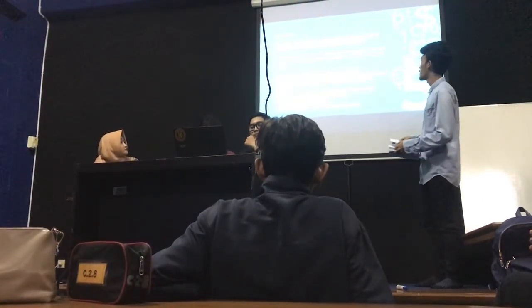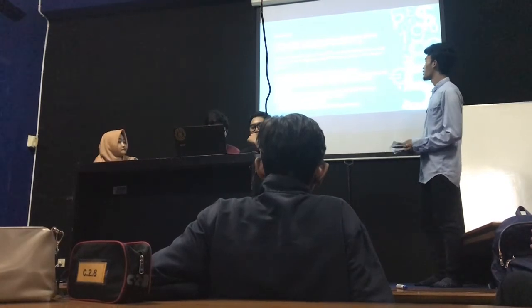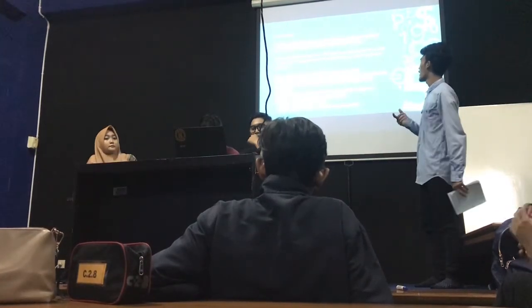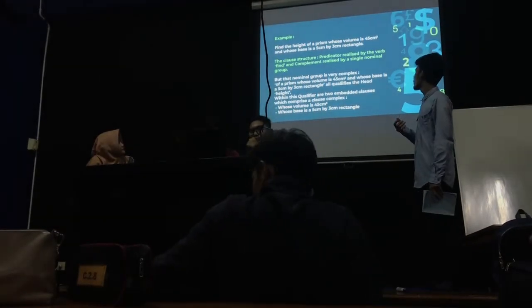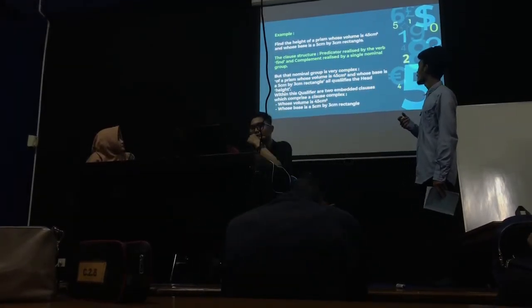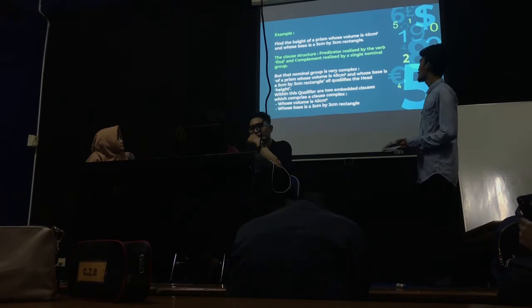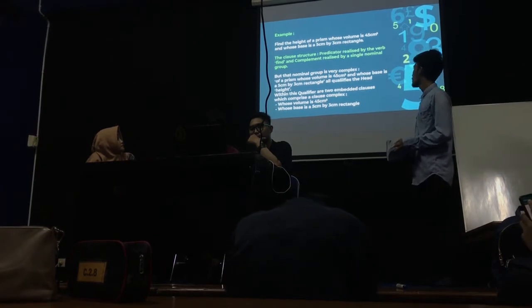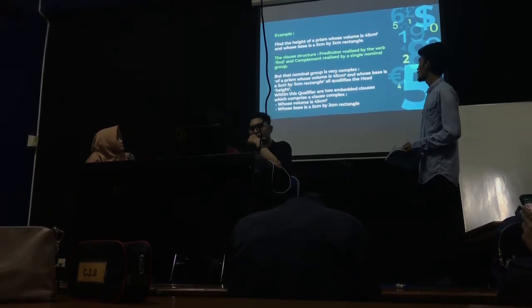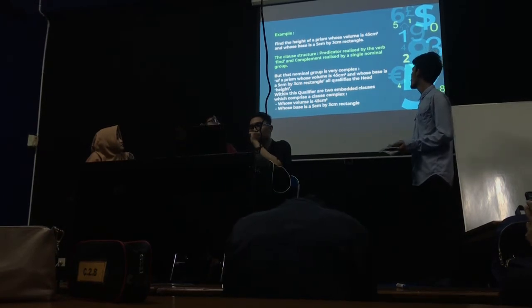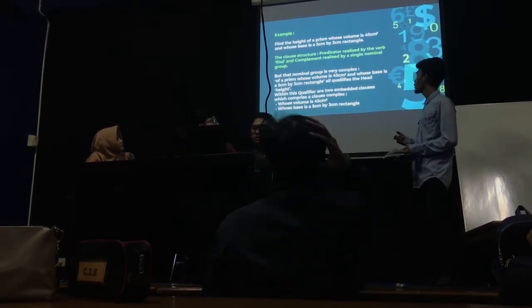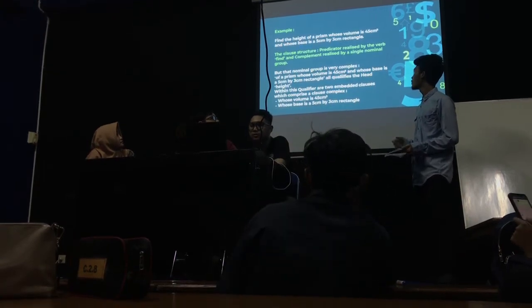For example, based on the sentence, find the height of a prism whose volume is 45 cm and whose base is a 5 cm by 3 cm rectangle. The clause structure is predicator, realized by the verb find, and complement, realized by a single nominal group.